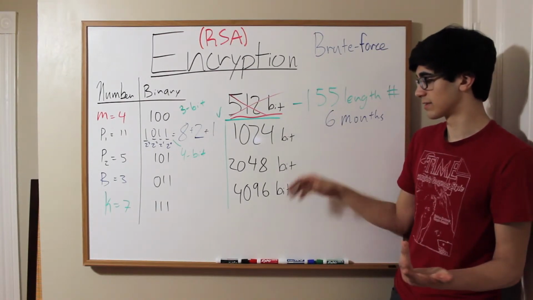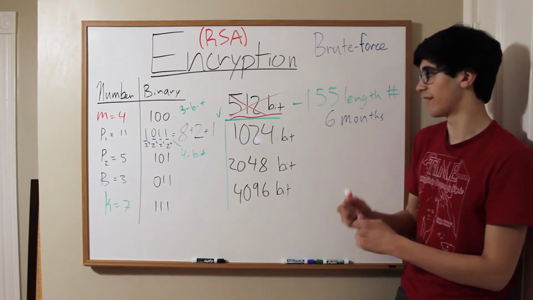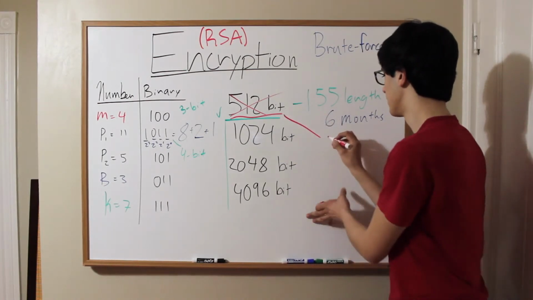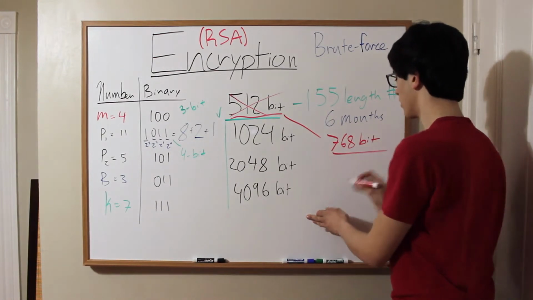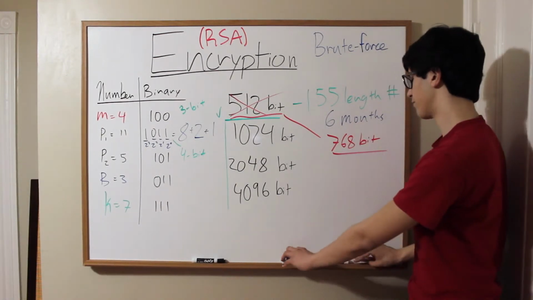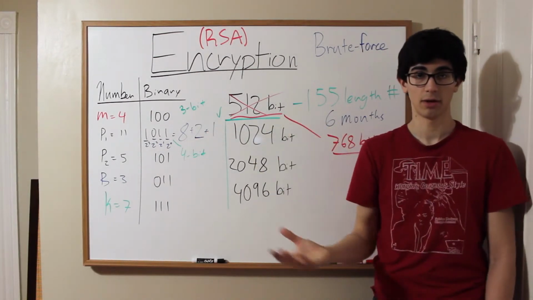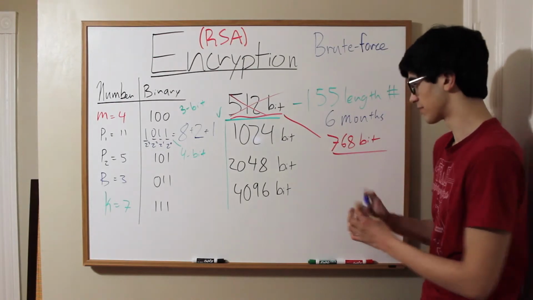Now, what is the highest bit that has been decrypted? Well, the highest bit that has been factored is somewhere between 512 and 1024, and it's exactly 768 bits. The highest reported factored bit length. Now, if we think of binary, that's 768 binary numbers in a row, either 0 or 1 options for each number. So there are 2 options for each number.